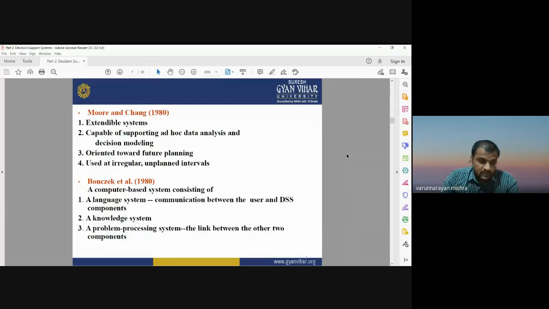So whatever we have seen up to now, all the definitions are about decision making capabilities. If in some cases we get confused about what to take and how to work, the decision support system provides us the facility to take an appropriate decision.